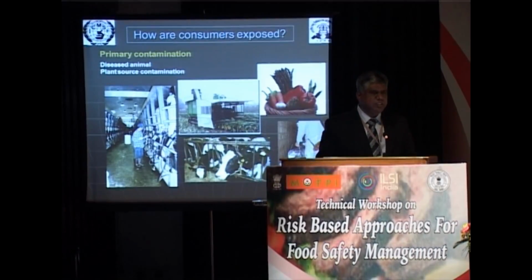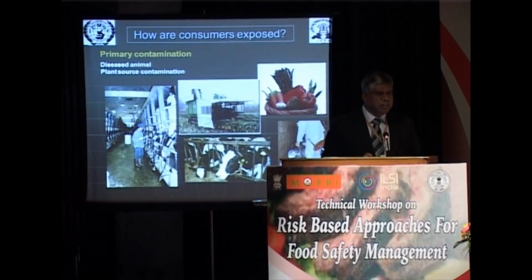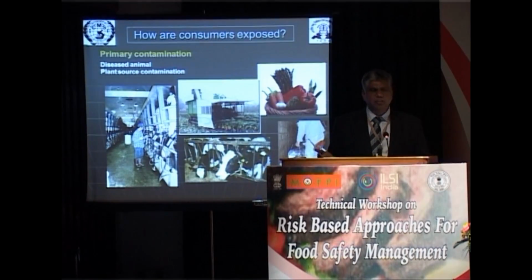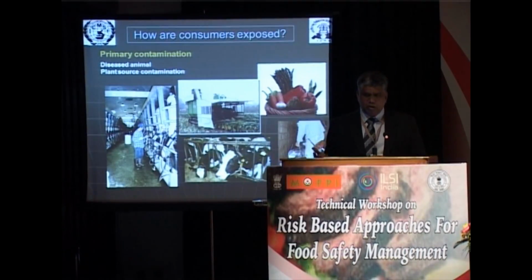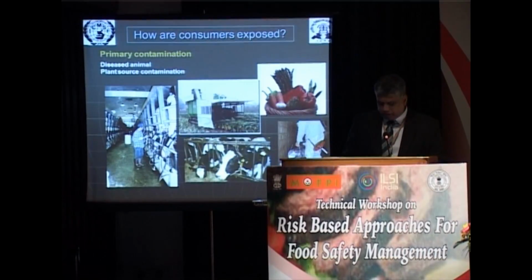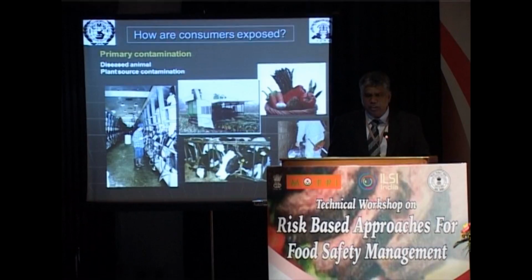Primary contamination is at the farm level. Diseased animals or carrier animals which harbor pathogens are responsible for the occurrence of pathogens in the food. Likewise, in plants also, irrigation water which is contaminated with sewage effluents causes the inherent presence of pathogens in them.